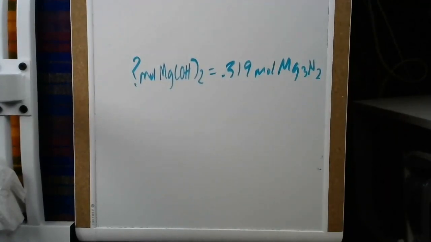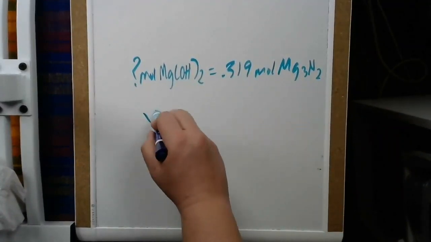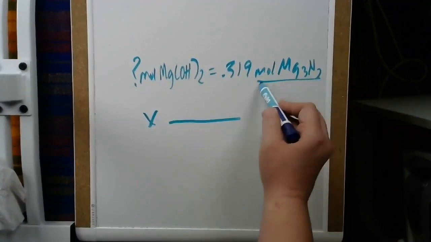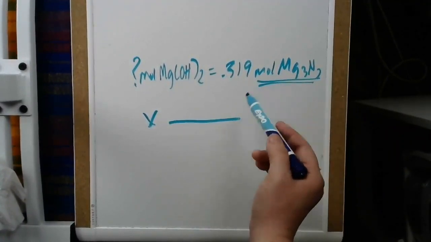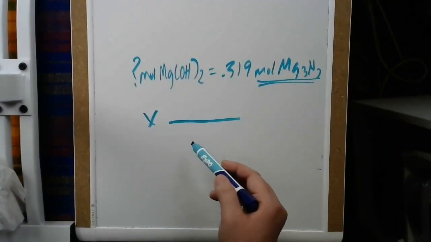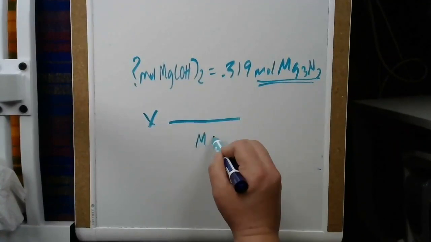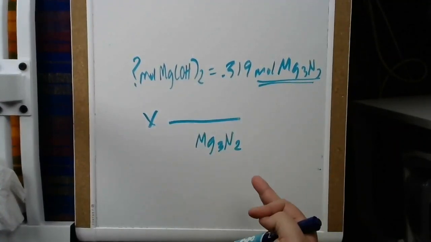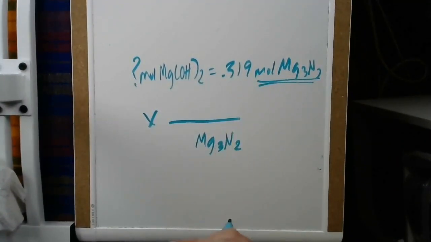Okay, now you're going to multiply this by a conversion factor. Whatever number you're given, whatever you start with, that goes on the bottom of the fraction bar of your conversion factor. Okay, so we know that we're putting Mg3N2 on the bottom of our conversion factor. We're going to look to the balanced chemical equation to see what our number values are.